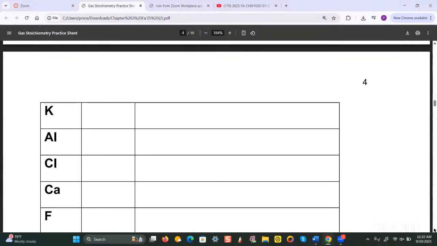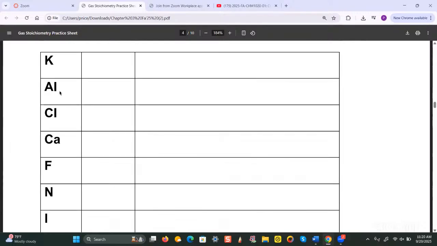Okay, the next one, potassium. What's the atomic number of potassium? 19. And then let's go into the configuration. The first shell would have 2. The next shell would have 8.